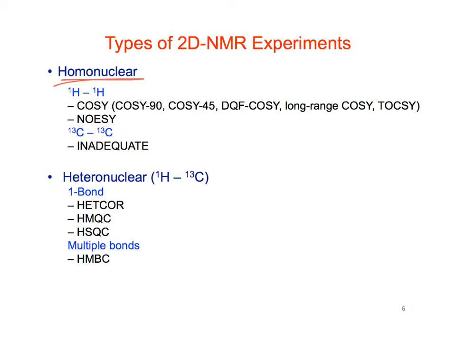So this tells us that we're going to see interactions between two nuclei of the same type. The most common are the experiments that show interactions between protons, so homonuclear from one proton to another.